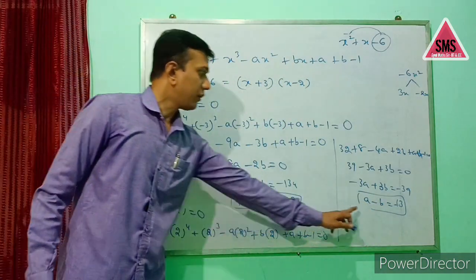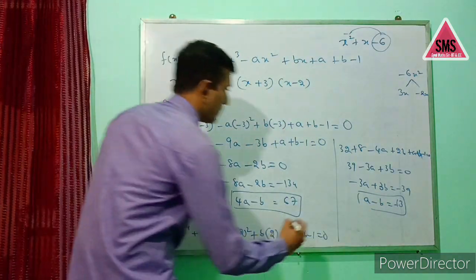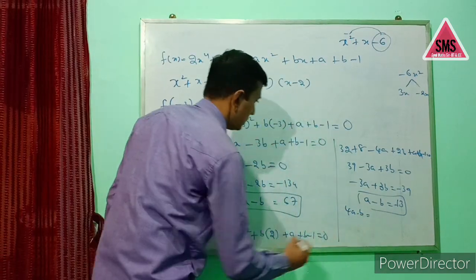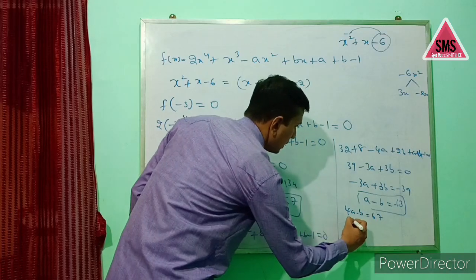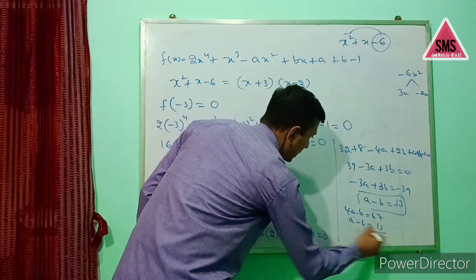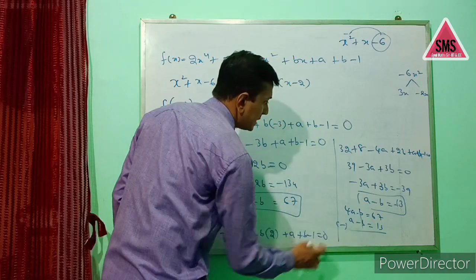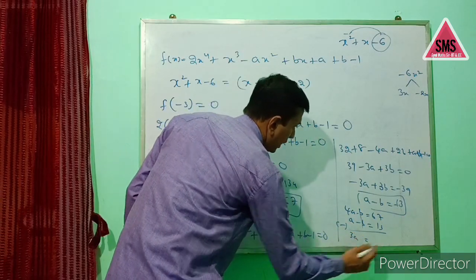Solve these two equations and we get the values of a and b. 4a minus b is equal to 67, and a minus b is equal to 13. Eliminate any one variable by subtracting. B gets cancelled, 4a minus a is 3a.